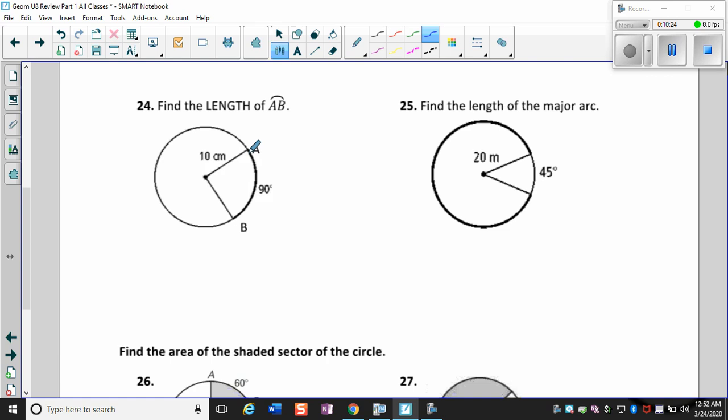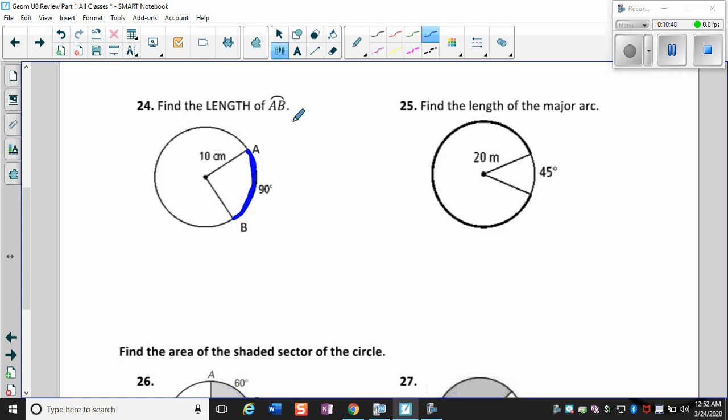So let me highlight in blue what exactly we're looking for. We're looking for this arc right here. We want to know how long this arc AB is. So remember, if you think about it this way, the outside of the circle, or whatever's on the circle, is kind of like perimeter.